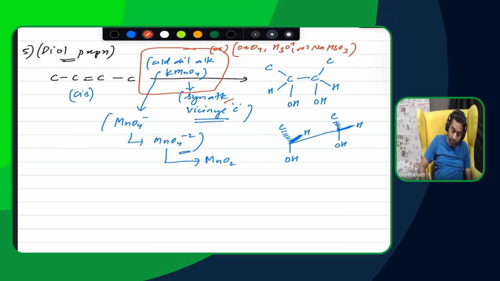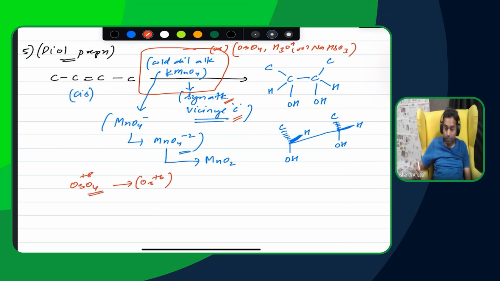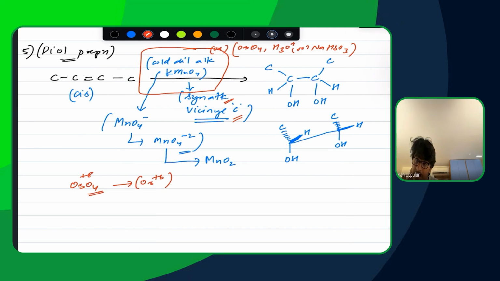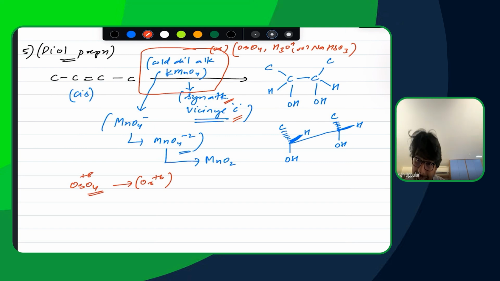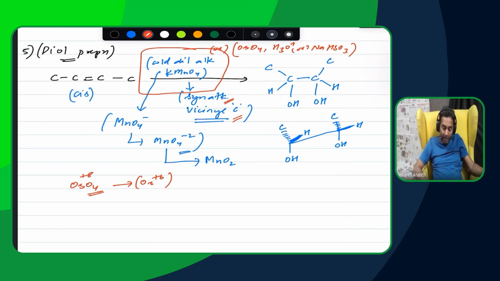That is also going to result in the same syn attack on vicinal carbons. In that case, OsO4 is going to go from osmium plus 8 to osmium plus 6. Clear so far? Yes, sir. Why do you look like you're just letting time pass? No, sir. Okay. Next up, what reactions do you remember?